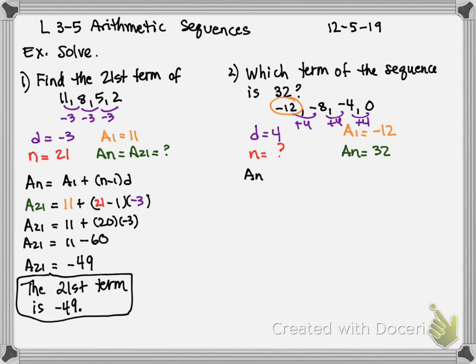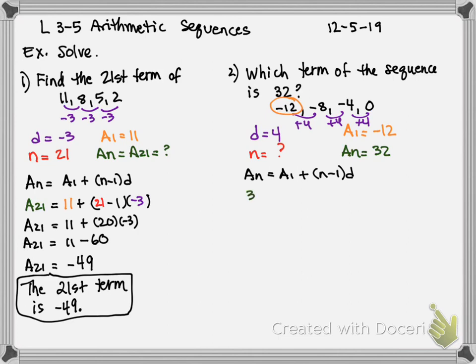So we start with our formula. A sub n equals, and the reason why I start with the formula is because I want you to memorize this formula, because on the test I'm not going to tell you it. So that's why I always start with the formula, and then it gets kind of stuck in my brain, which is good. So I'm just going to start plugging numbers in where they belong.